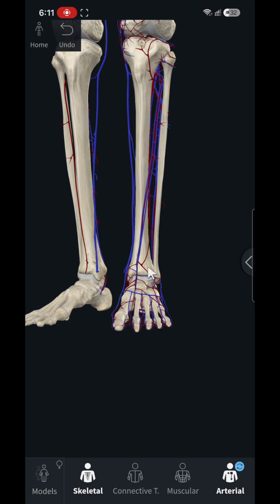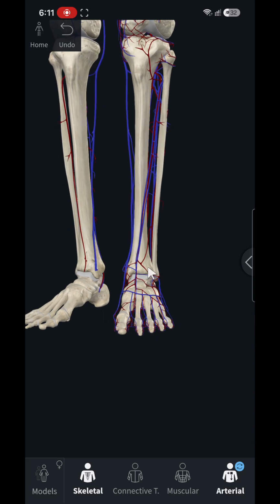So what we do is that we look for the artery, we look for a pulsating structure, right? So if we look for the anterior tibial, we place the probe TS on the base of the foot anteriorly, right?